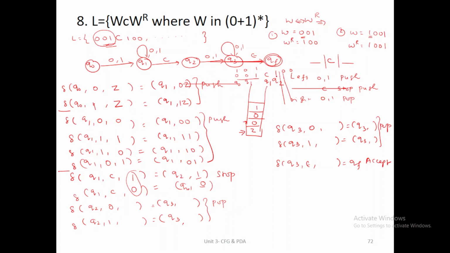So if Q2 reads one symbol, you just check the topmost value, which should also be equal. So if Q2 reads 1, the topmost value should contain 1. Pop means epsilon. Okay. So I pop that value. So the next state is Q3.